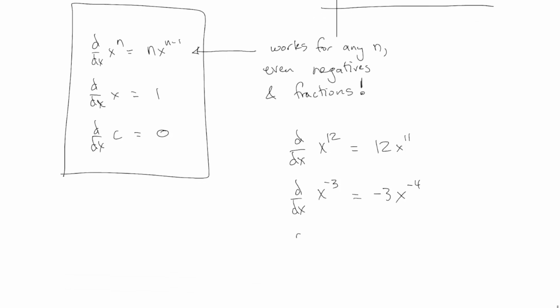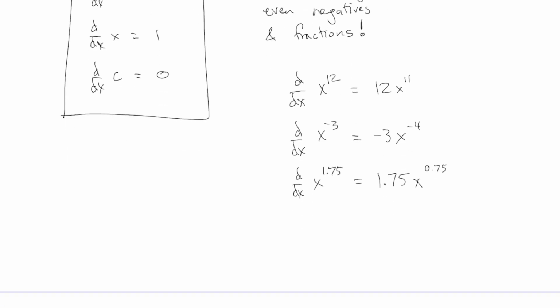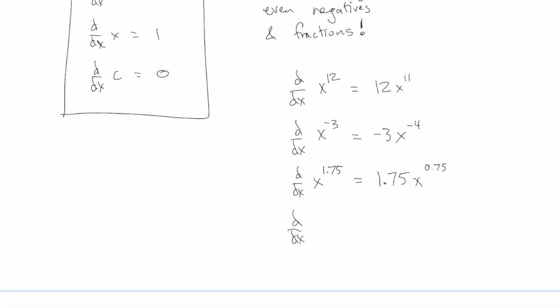And you can even do fractions or decimals. If I had, for some reason, x to the power 1.75, the derivative would be 1.75 x to the 0.75. I subtracted 1 from the exponent, right? Or if I had x to the 3/8, the derivative is 3/8 times x, and what should the exponent be?